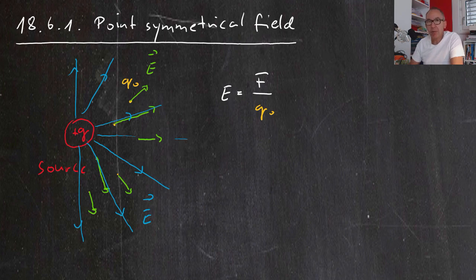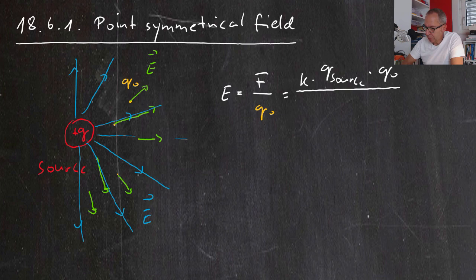How can we now calculate it? For the calculation, we know what the force is. If we have a test charge and the source charge, we know that Coulomb's law is given as K times Q of the source times Q0 over R squared.